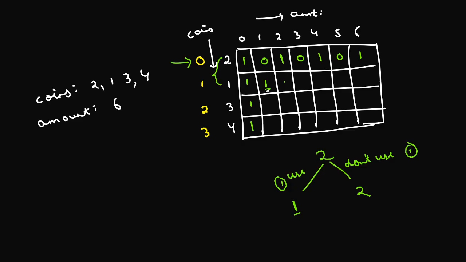So this is the location that I'm looking at. And if I don't use 1 at all in my final answer, that is equivalent to just having a coin of denomination 2, and I still have to make the amount of 2, which is stored in this block. So I'll just add this 1 and 1, which is 2. So this particular block is going to have a value of 2.